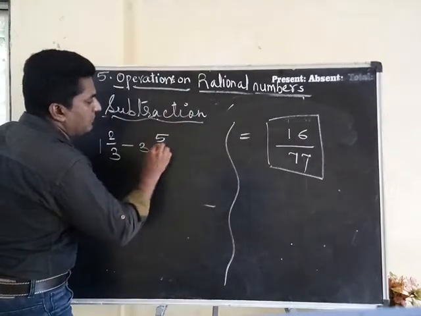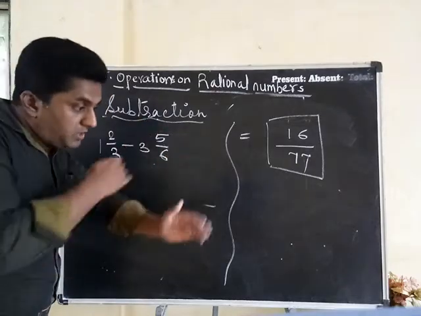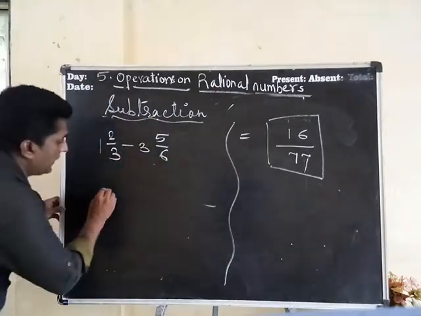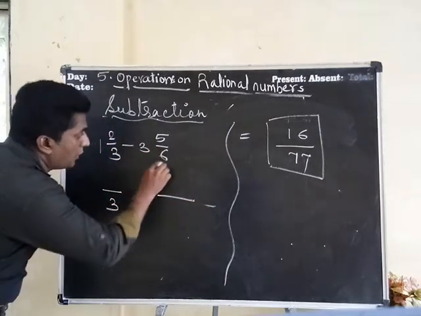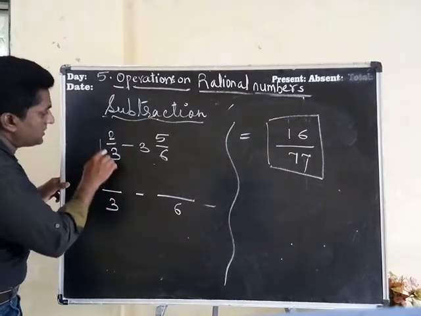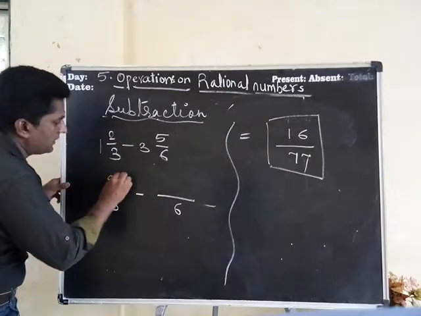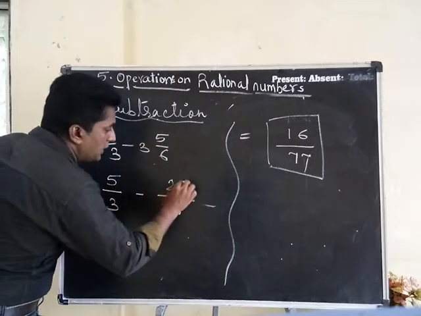3 and 5 upon 6. Yes, these two are mixed numbers. Convert them into fractions. How? Write upon, minus upon. Copy 3, copy 6. 3, 6. 3 ones are 3 plus 2, 5. 6 threes are 18 plus 5, 23.